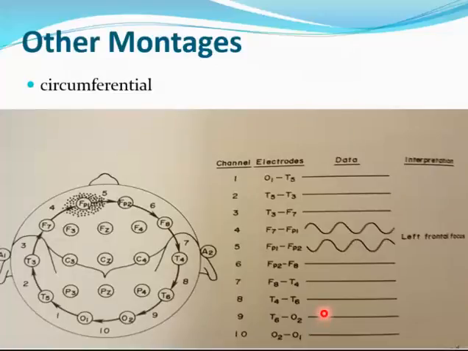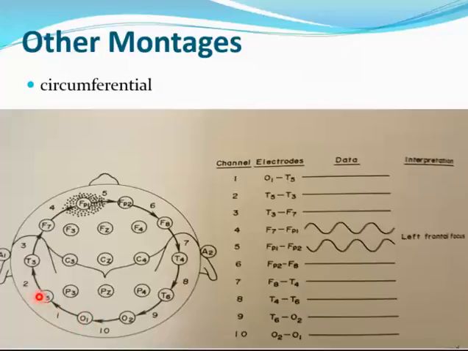Right, now there are other montages out there that may be in use depending on the purpose. If it's a clinical diagnostic objective that you're looking at, the picture is showing a location of focus and connections of electrodes. O1 is the first electrode in the montage, right here, and we're going in this direction.